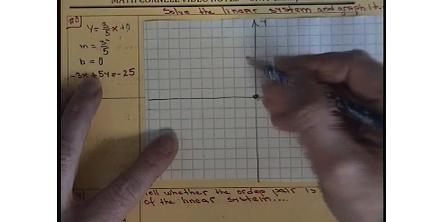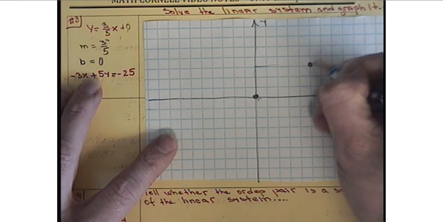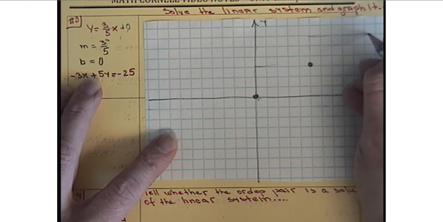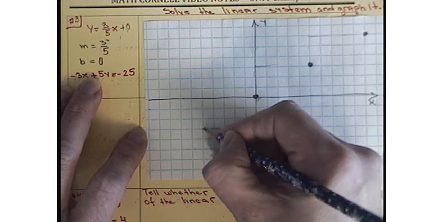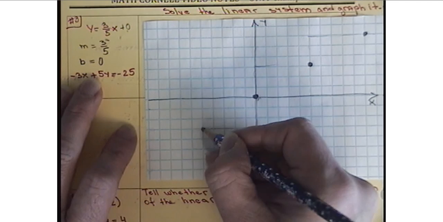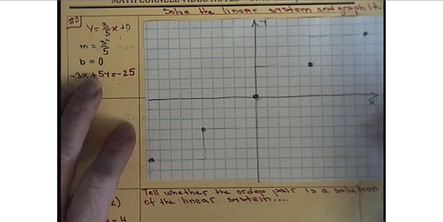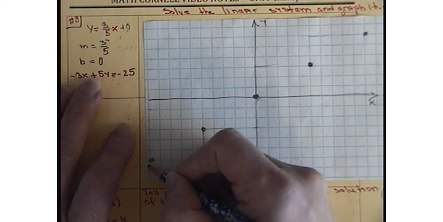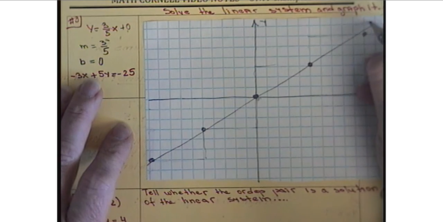Then we're going to have 3/5 and another 3/5. And I will do another 3/5 in the opposite direction. So those are all points from the first equation graph, and we connect those.